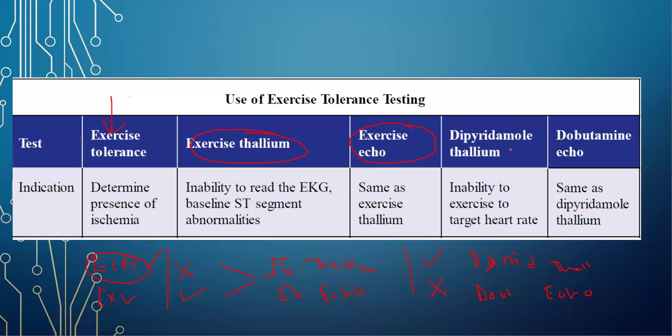If a patient cannot exercise, then we will give some chemical so that the heart is exercising. So with the thallium scan, we give dipyridamole. With the echocardiogram, we give dobutamine. Okay, very straightforward if you understand what we discussed.